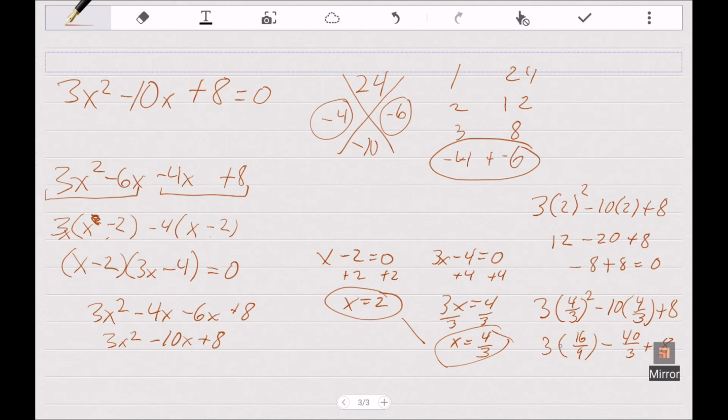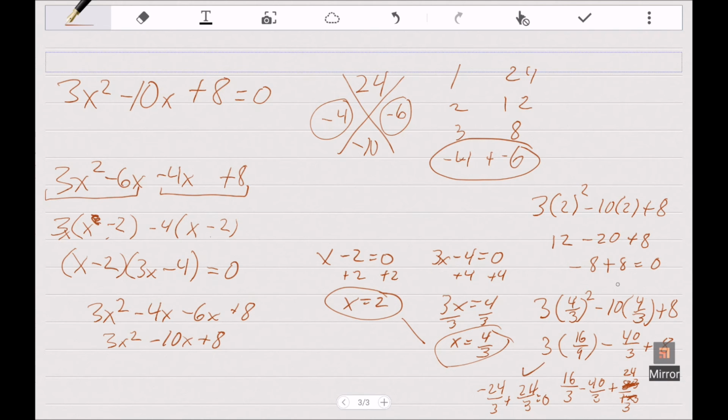So, what I'd really have is 16 over 3 minus 40 over 3 plus 8. 8 I can't deal with because I don't have the same denominators, so I need to change it. So, that would be the same as 24 over 3. 16 minus 40 is negative 24 over 3 plus 24 over 3, which is 0. So again, we're right.